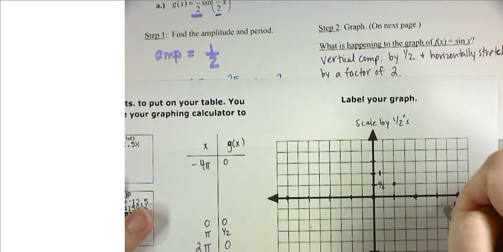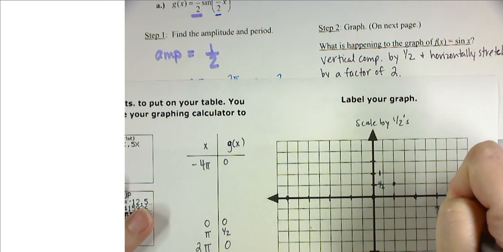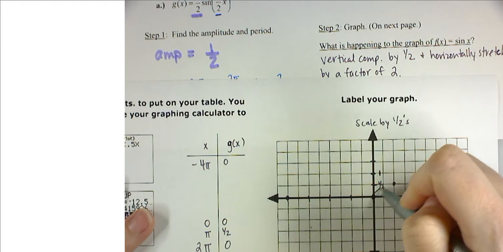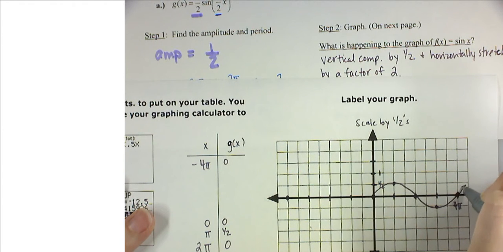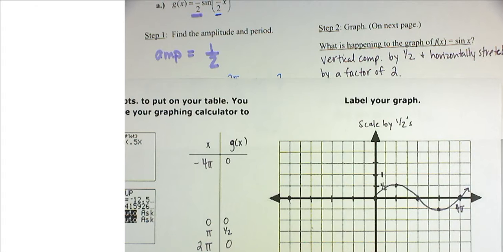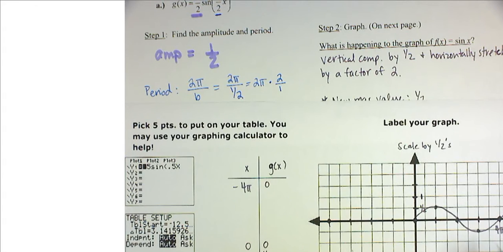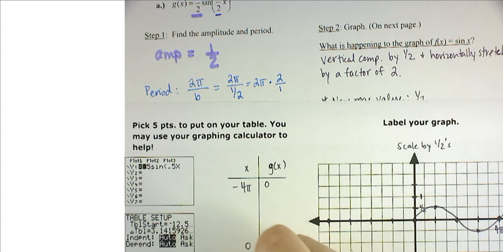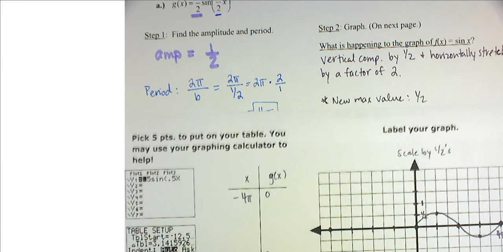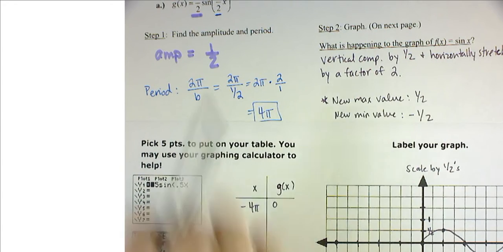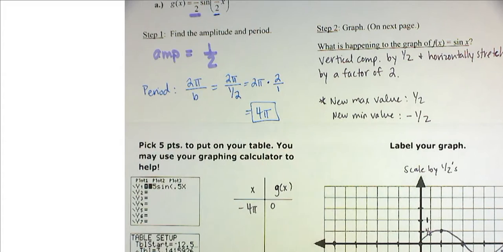And then I've created part of my curve. So at 3 pi, we would get negative 1/2. So again, all I'm doing is I'm substituting my x value in here, and then I'm just using the unit circle and what we've done before to find that out.